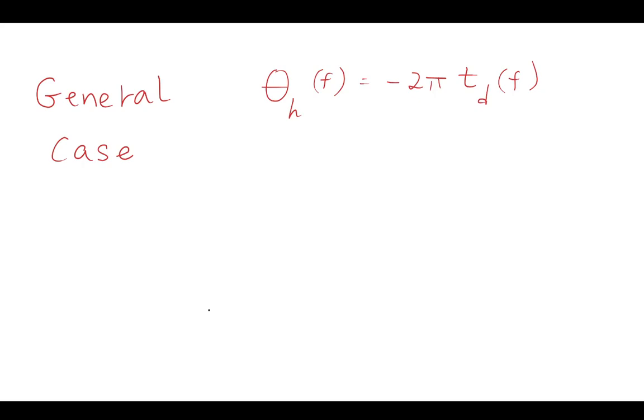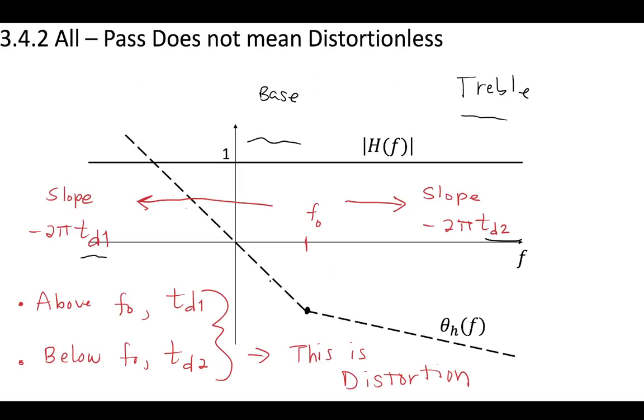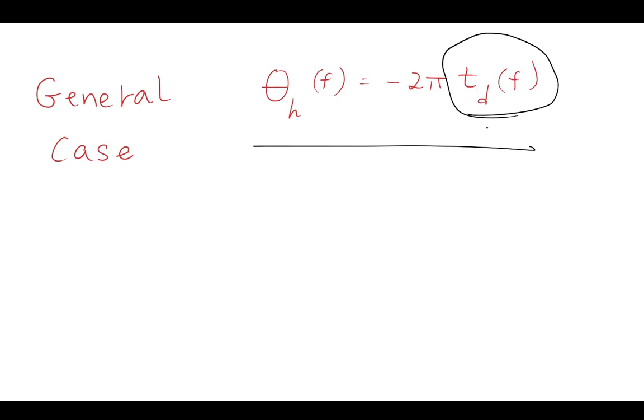We can characterize the distortion in the general case where the phase response looks like this, and the time delay in the phase response could be a function of the frequency. It doesn't have to be quite as extreme as this. It could be a gentle change, but it's still some change in the time delay across your frequencies.